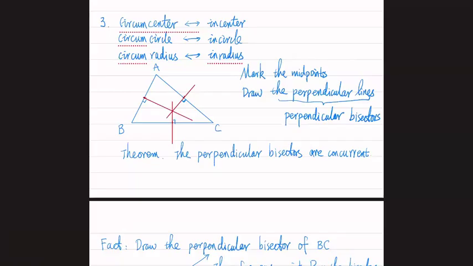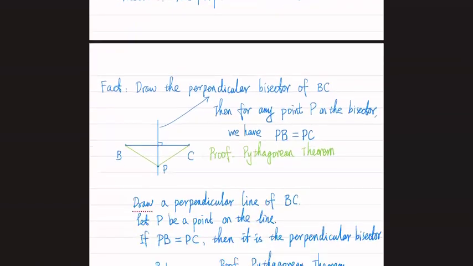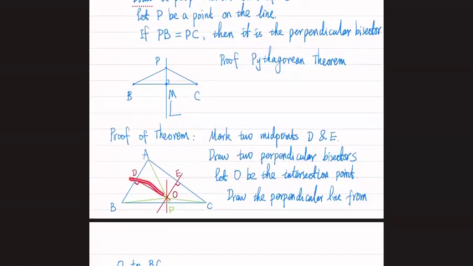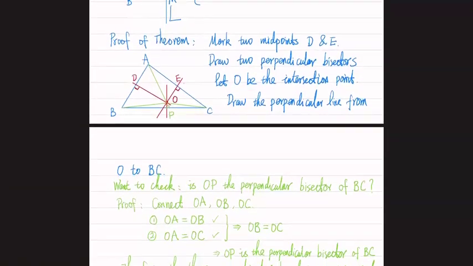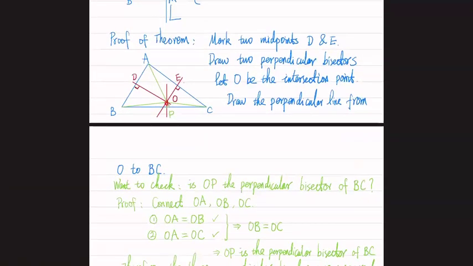Okay, so our theorem: the three perpendicular bisectors of the triangle ABC are concurrent. How did we prove this? We started with two perpendicular bisectors. They intersect at a point O, then we draw the perpendicular line from O to the third side. We verified OA equals OB, OA equals OC.